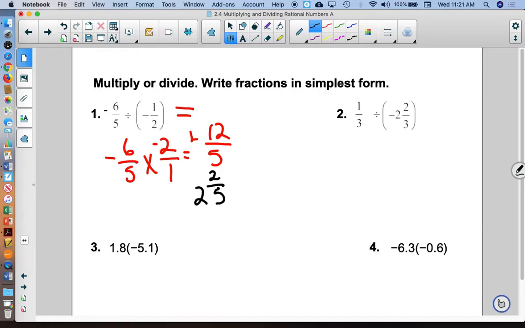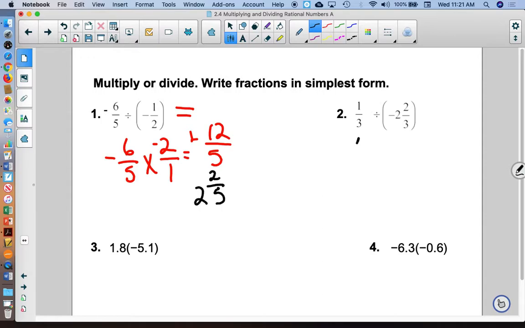Okay? Look at number 2. What do you have to do first? Cole, what do I have to do first with number 2? Nope. I can't do that yet. What do you notice right there, Cole? Oh, you gotta make it into a mixed number. It is a mixed number, and I gotta make it into an improper.